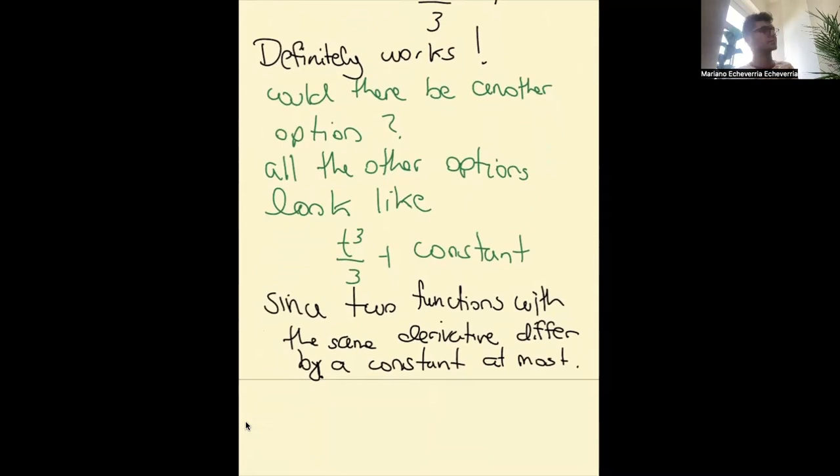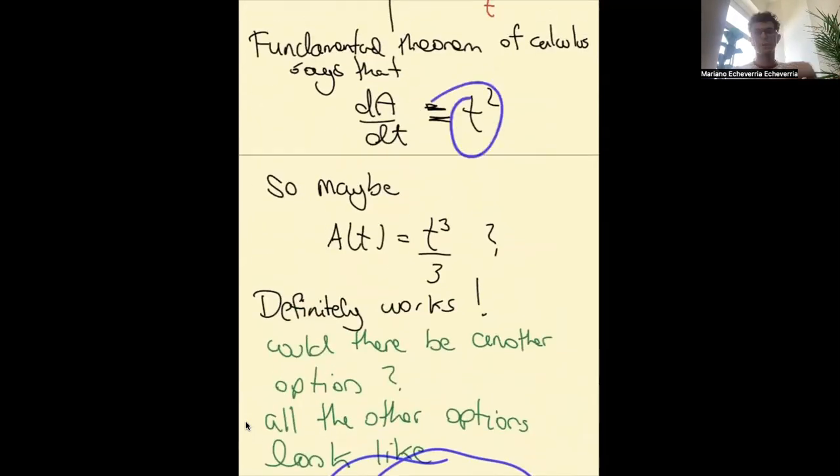So what I'm saying is that if you take t cubed over 3 and add a constant like +1, +2, -7, plus pi, they still have the same derivative, which is t squared. But besides that, there's no other option.